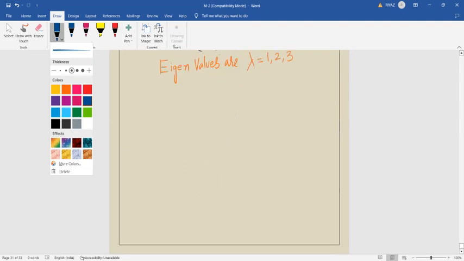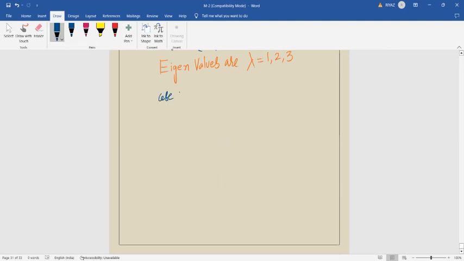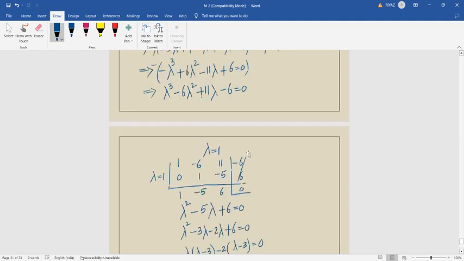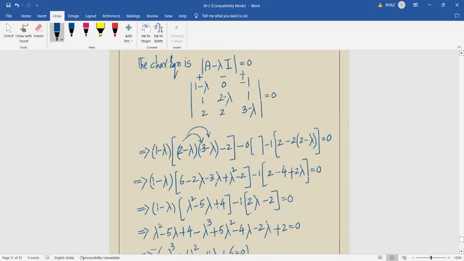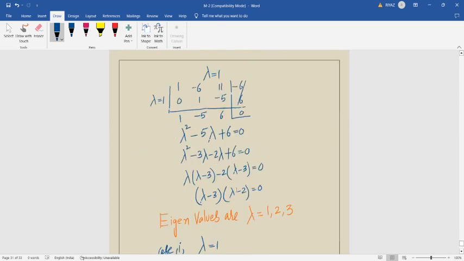We start with case 1, when lambda is equal to 1. So A minus lambda I. Directly we will do one thing. Here we got the characteristic equation, and here we should substitute the lambda values directly, and we assume our eigenvector is x1, x2, x3.